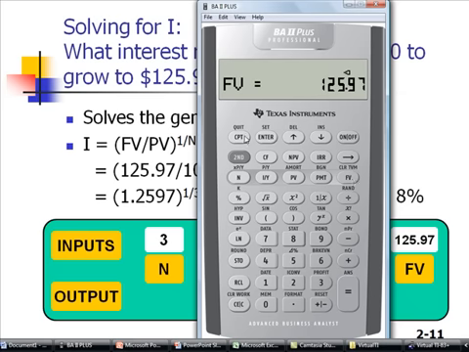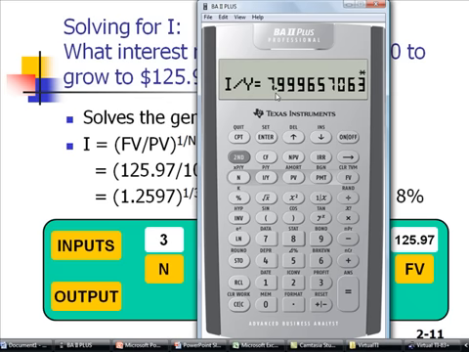Okay, so if I do that and I compute the interest rate, then I get the 8% that I was expecting. So this is correct. This is what we wanted to see. And notice that this is actually written in percentage form on the calculator's display. It's written as 8, basically. It is not written as 0.08.